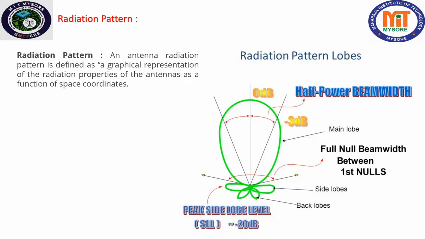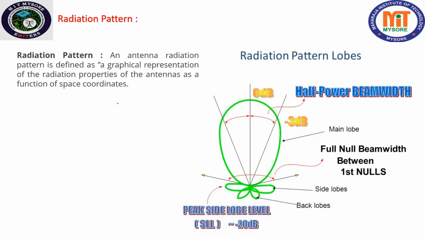The next concept we need to know while discussing antennas is radiation pattern. So, what is a radiation pattern? An antenna radiation pattern is defined as a graphical representation of the radiation properties of the antenna as a function of space coordinates.